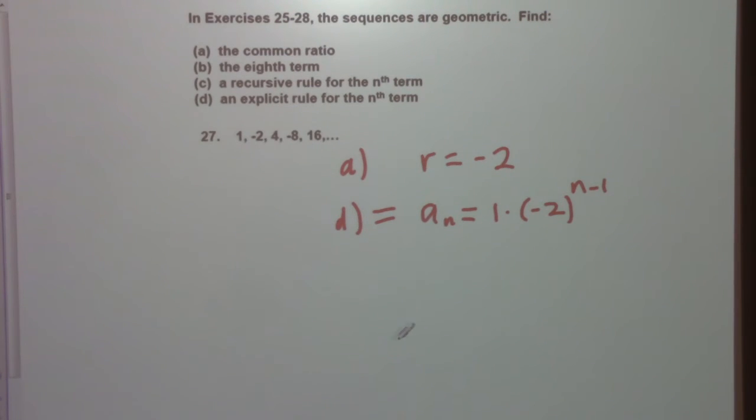For B, she has a sub 8 equals 1 times -2 to the 8 minus 1 equals -128, okay?